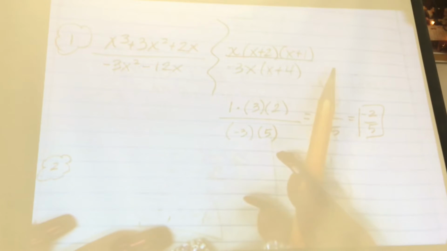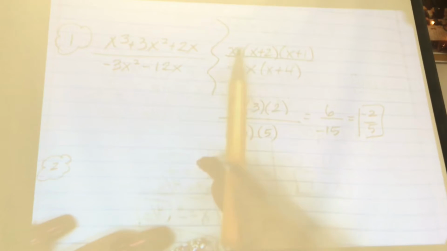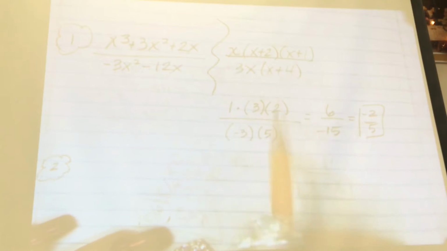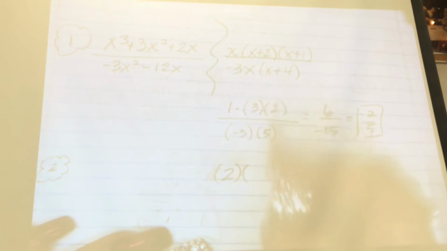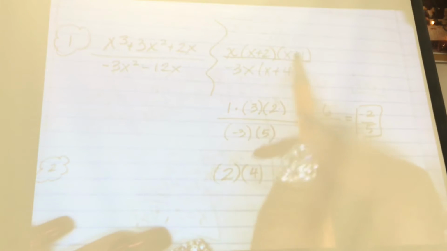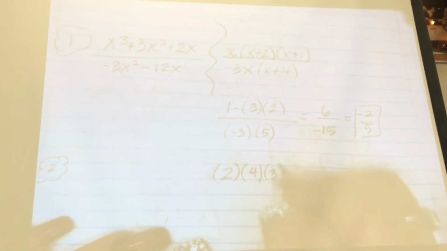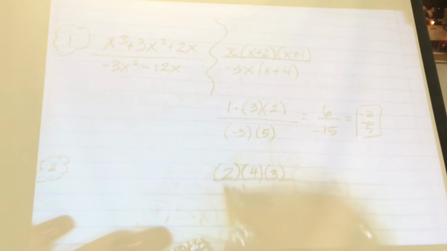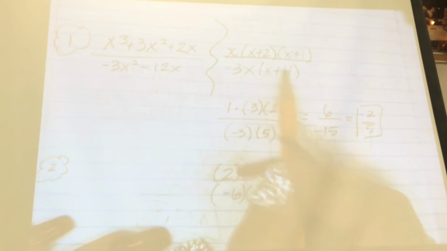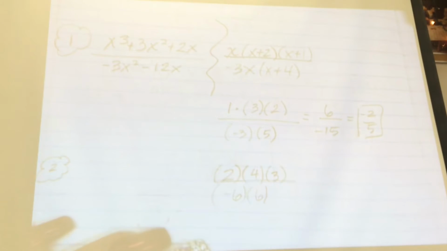Isaiah, don't let me lose you. Please. Plug in 2 here. Instead of x, you're going to plug in 2 times 2 plus 2, which is 4, times 2 plus 1, which is 3, over negative 3 times 2, which is negative 6, and then 2 plus 4, which is 6.